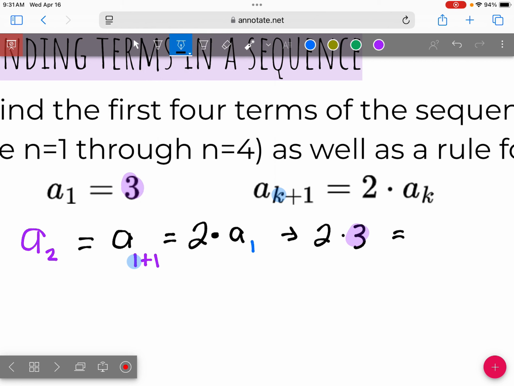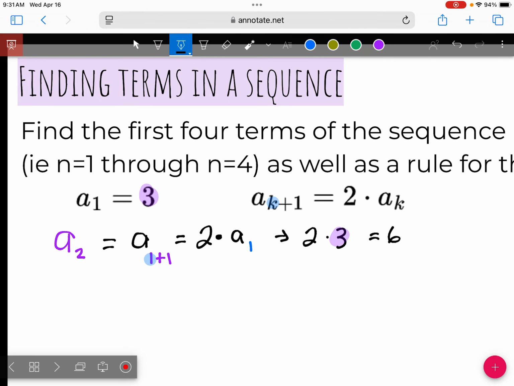So this whole thing is going to equal 6. So a sub 2 equals 6. I'm going to do that with a different color. Blue. I already used blue too. Goodness, I need a different color. There we go, green.